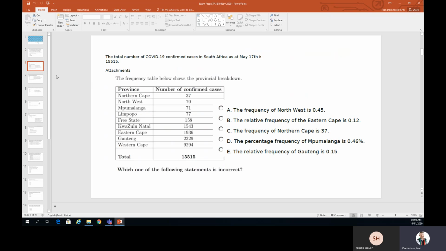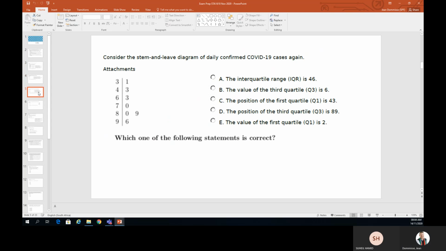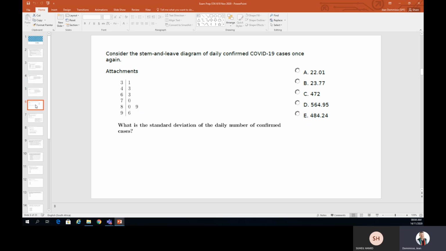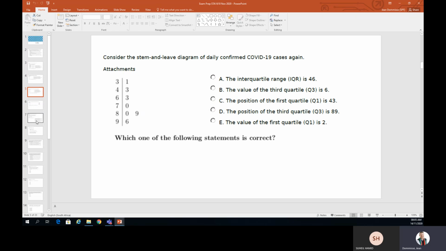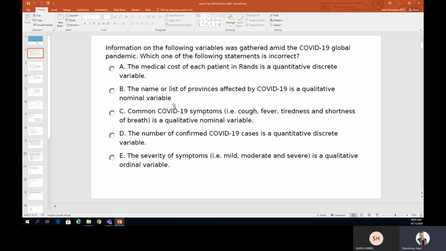Then it's a bit of frequency. Then we have another one, so there's 1, 2, actually 3 on stem and leaf. And then we go into the probabilities. So let's see if we can get this right.